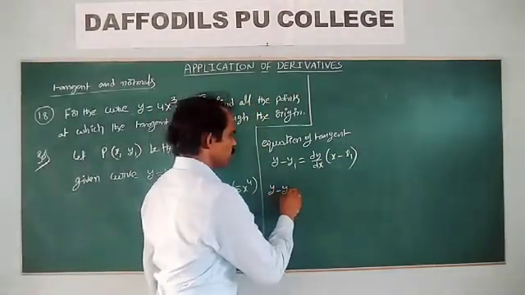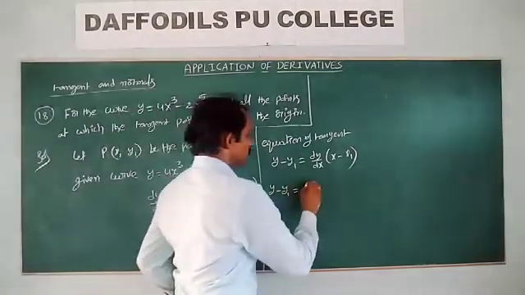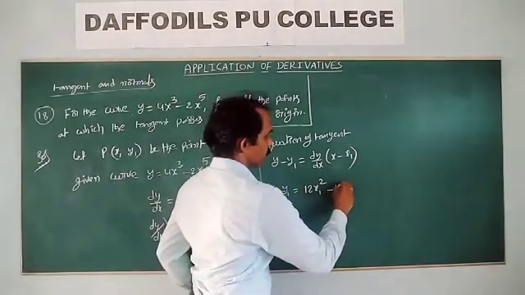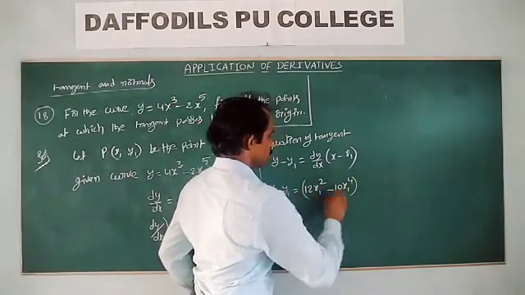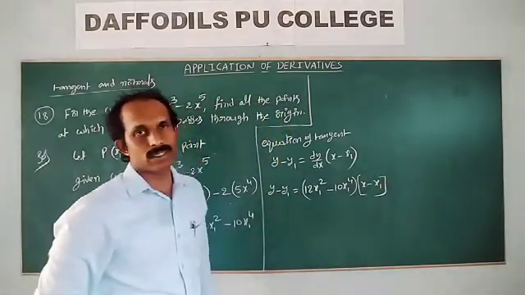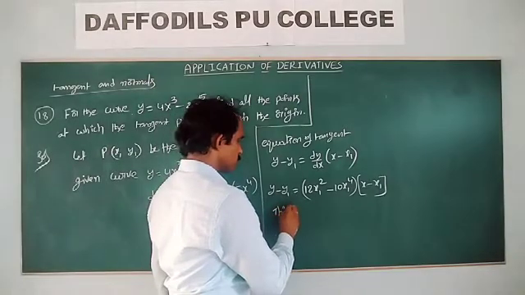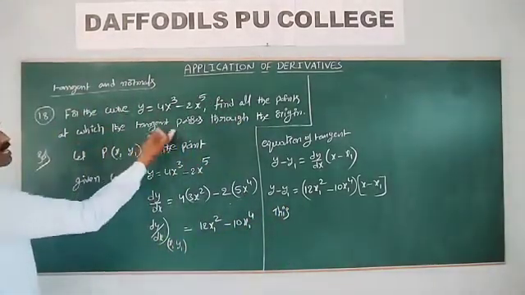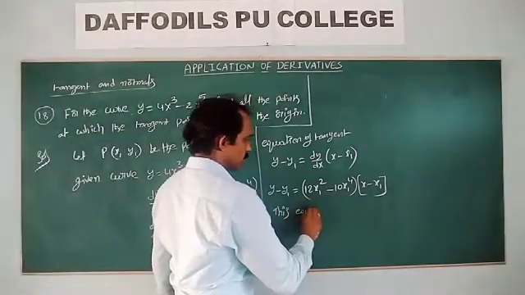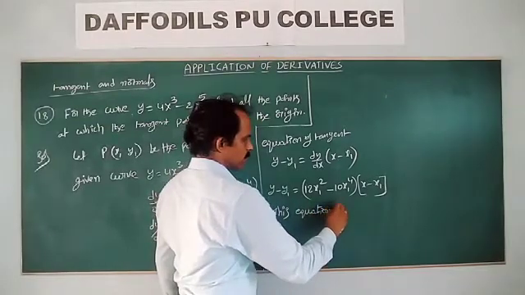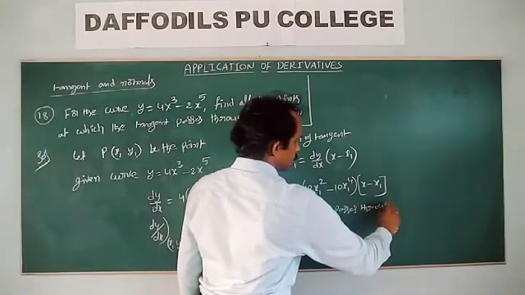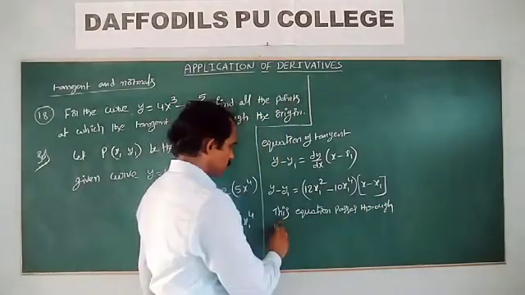Here the slope m is dy by dx. Therefore, y minus y1 is equal to the slope, 12 x1 square minus 10 x1 to the power 4, times x minus x1. This equation, the tangent, passes through the origin.